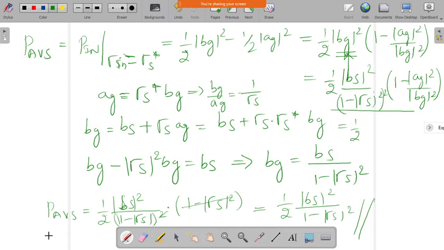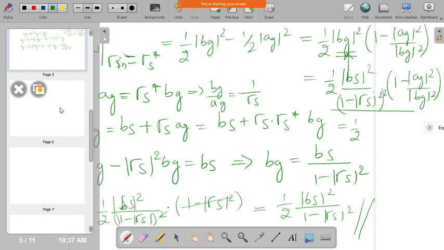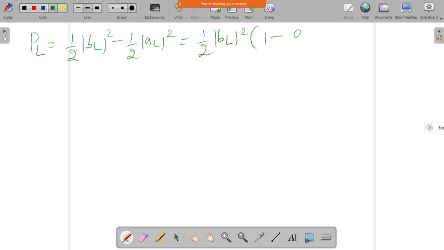Similarly, we can write the expression for the power at the load side, PL, which is equal to half into BL square minus half into AL square. If I take half BL square common, we have 1 minus AL square divided by BL square.